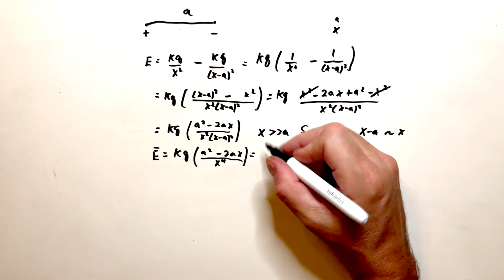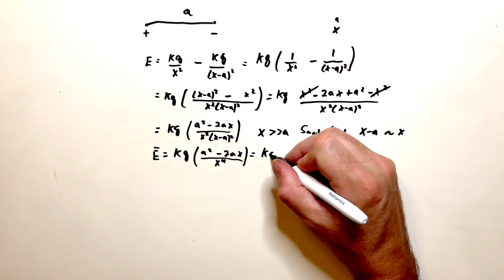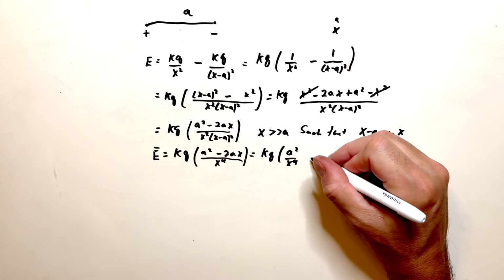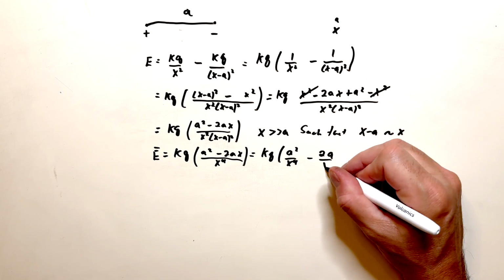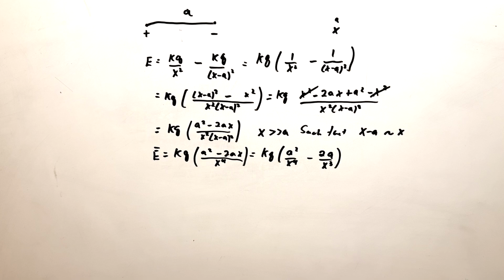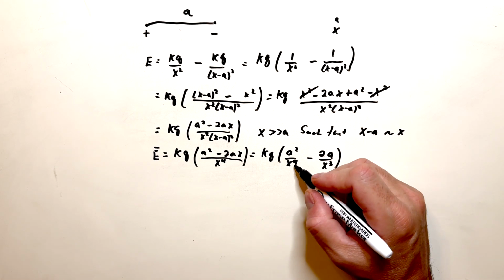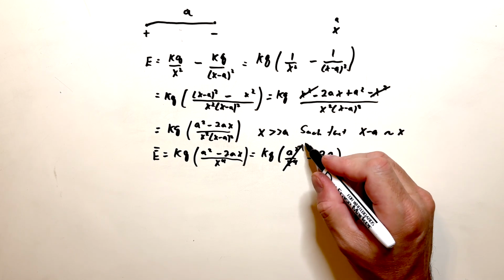I'm going to divide that into each term. It's going to give me kq times a squared over x to the fourth minus 2ax over x to the fourth, which is just over x cubed. If we're pretty far away, the x to the fourth term is going to die off faster than the x cubed term, since that is within the denominator.